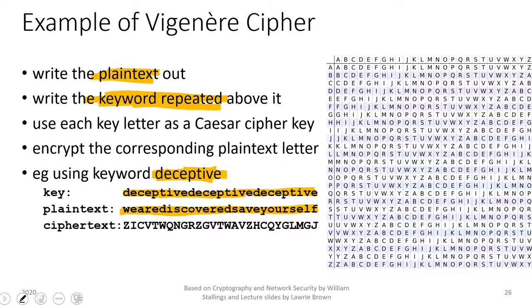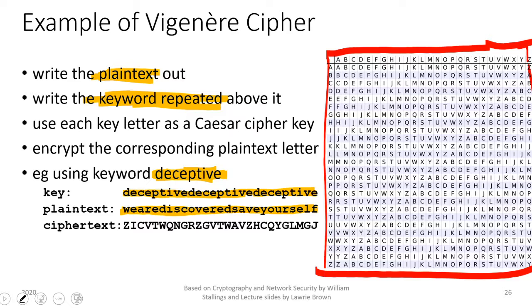Then we would use this particular table as the basis to identify the particular Caesar cipher that we would use. In the case of the first one, the key letter is D, so we would use the Caesar cipher for that particular key.